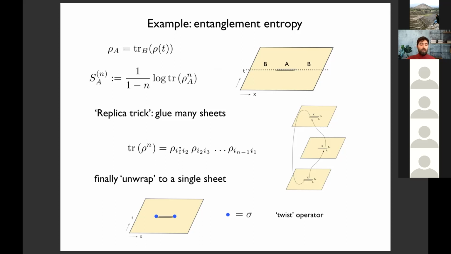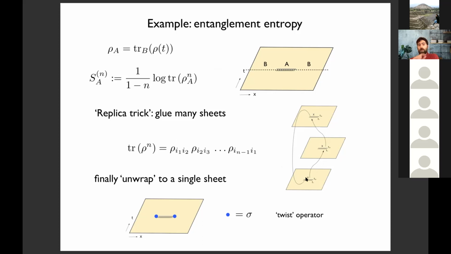Now, if you're doing field theory, a pictorial or geometric way to set up that calculation is to take n replicas of your original manifold, the one in the first figure. You copy it n times, and then you glue these manifolds in a cyclic way, exactly the way this formula is telling you.